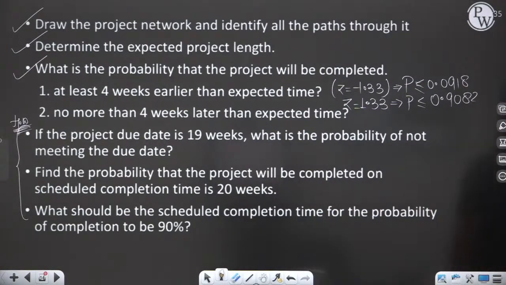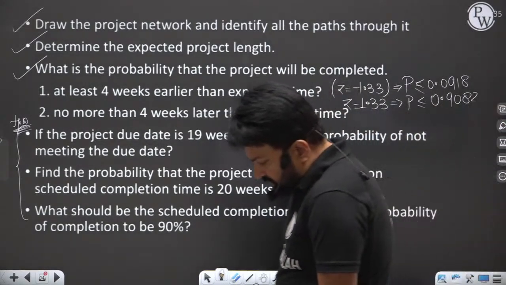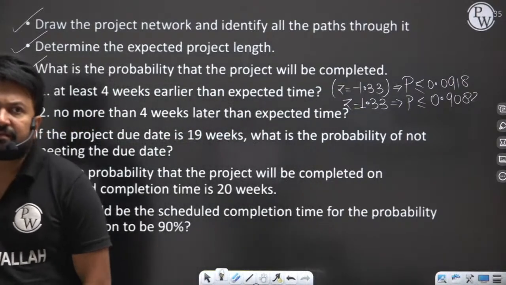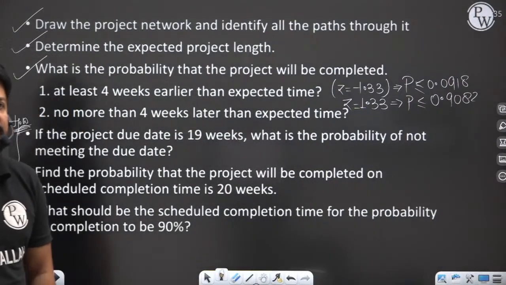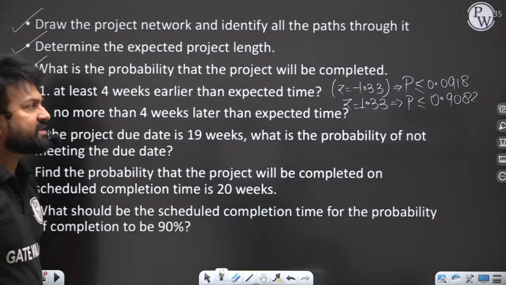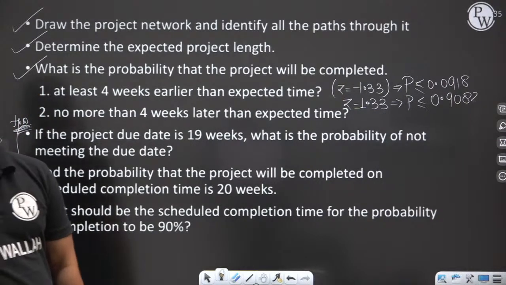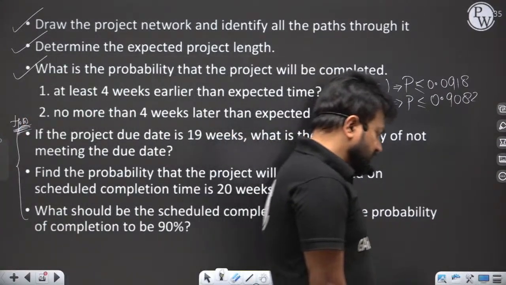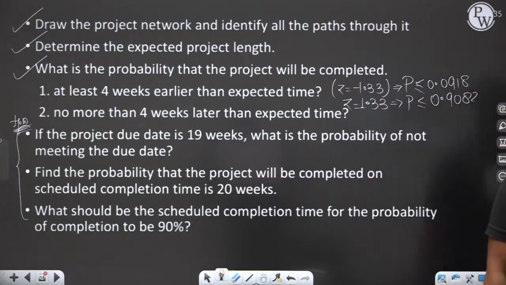Have you taken the screenshot? Please take the screenshot so that we can minimize our time and I can solve this question.